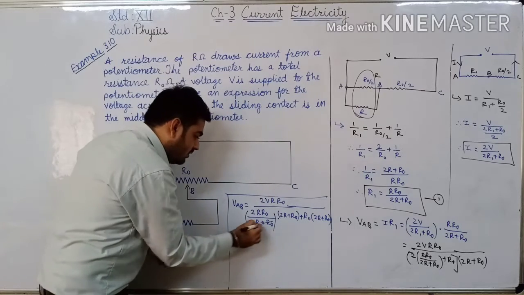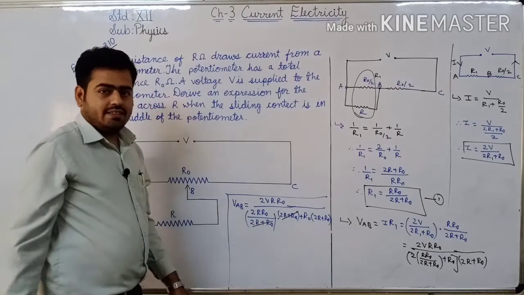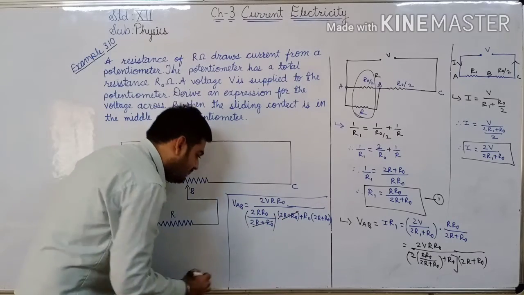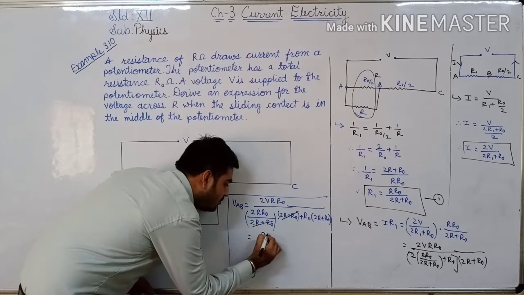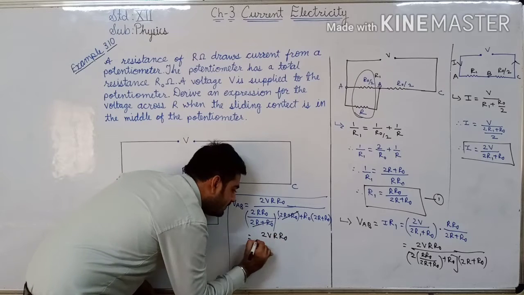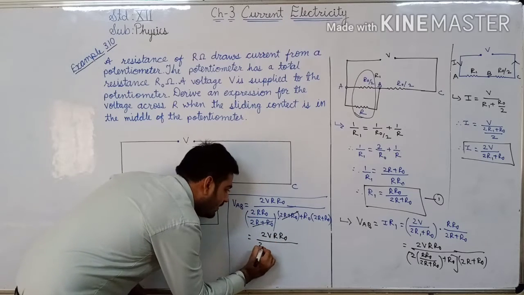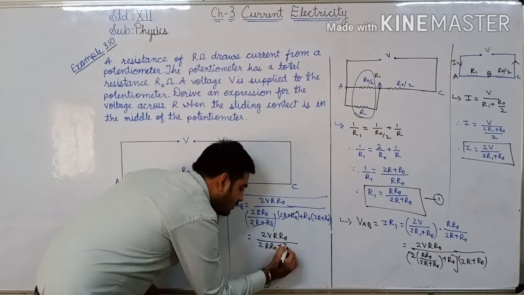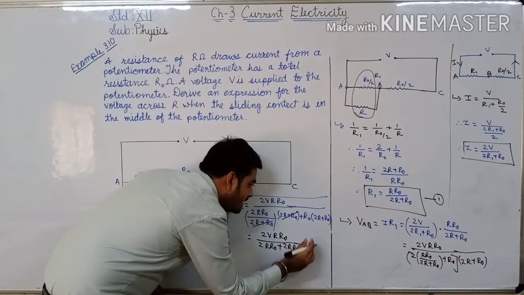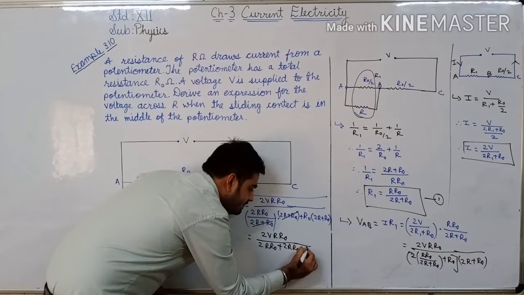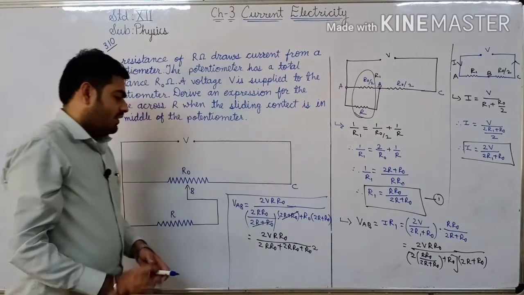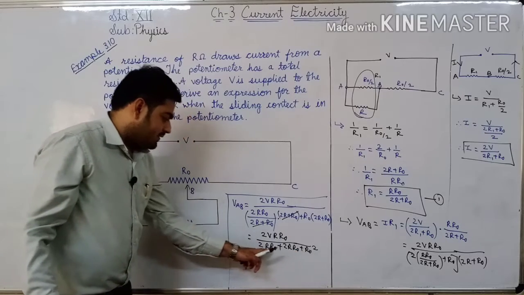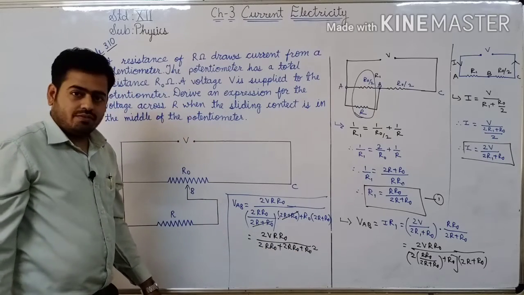This 2R plus R0 will get cancelled. Therefore, this can be written as 2VRR0 upon 2RR0 plus 2RR0 plus R0 square. What can we take common? R0.